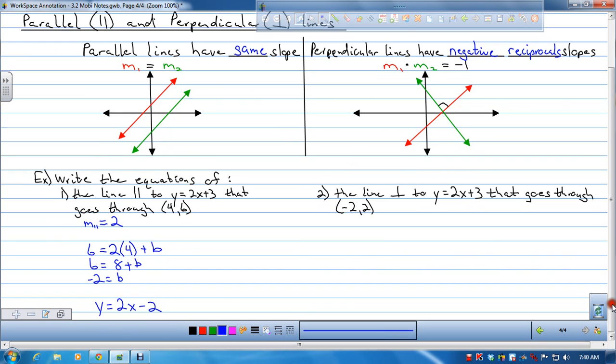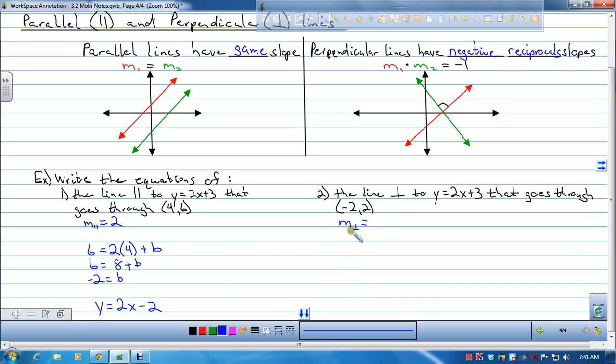So a quick example. The line perpendicular, this is the symbol for perpendicular, to y equals 2x plus 3 that goes through -2, 2. So we're dealing with the same original line as we were over here, but now it's going through a different point because it is going to be perpendicular. Same procedure.